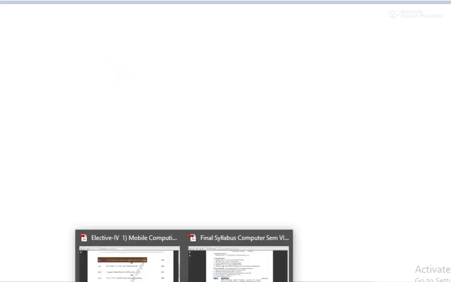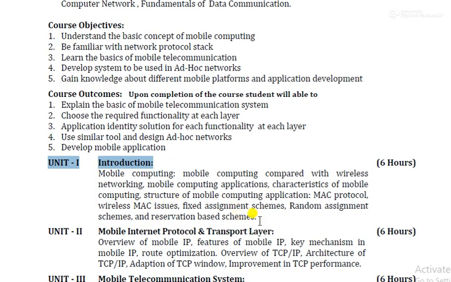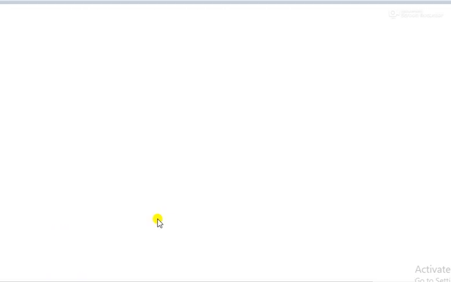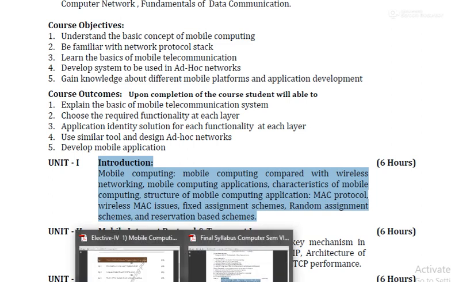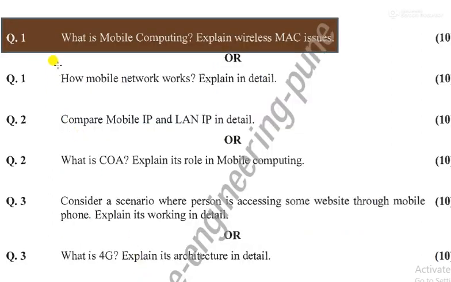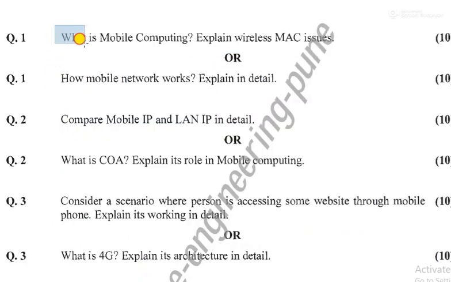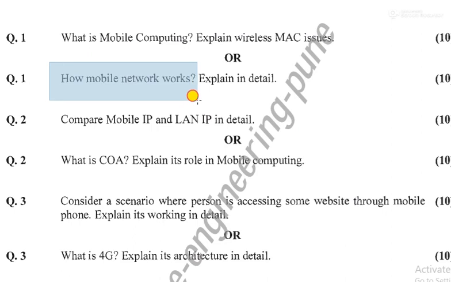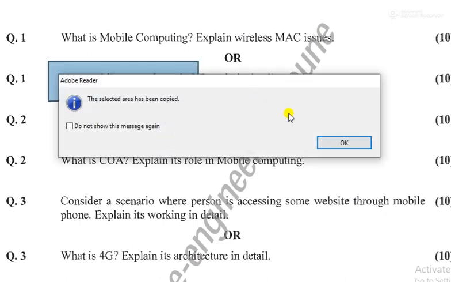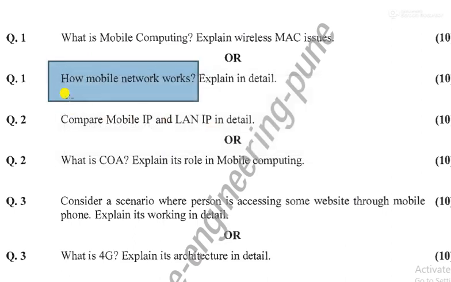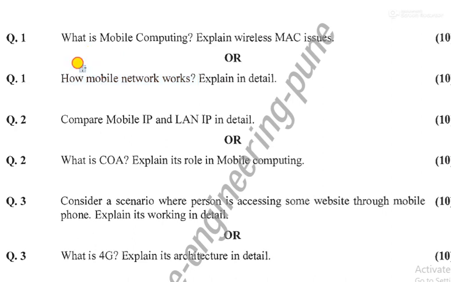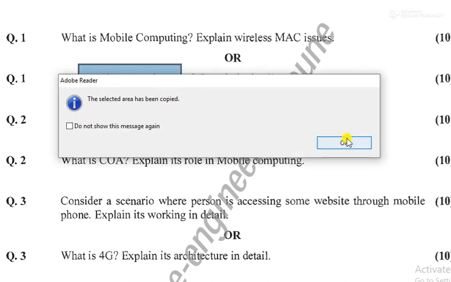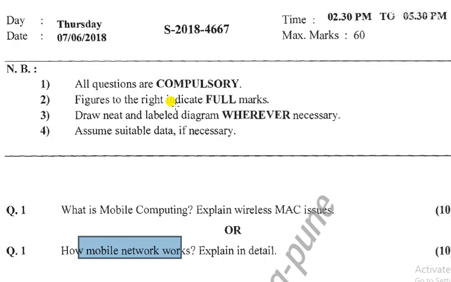Since this theory is from your first unit, the question might be asked in a very basic way, that is, what is mobile computing, or how does the mobile network work, or the question might be asked to compare the mobile network with the stable network.